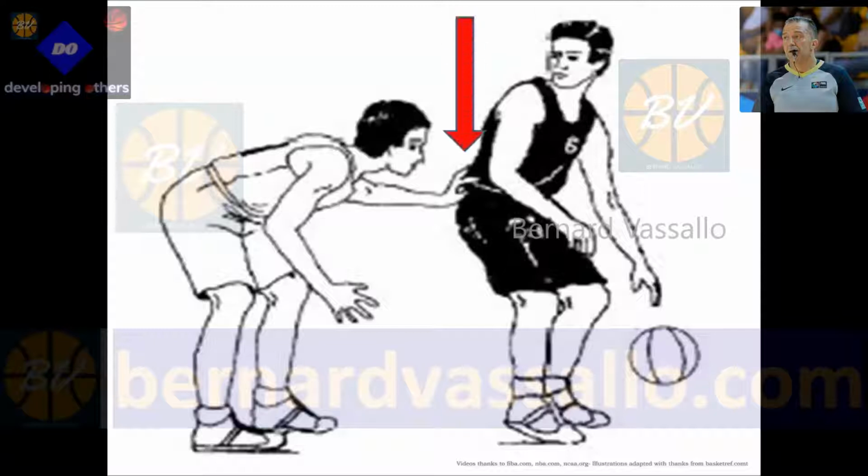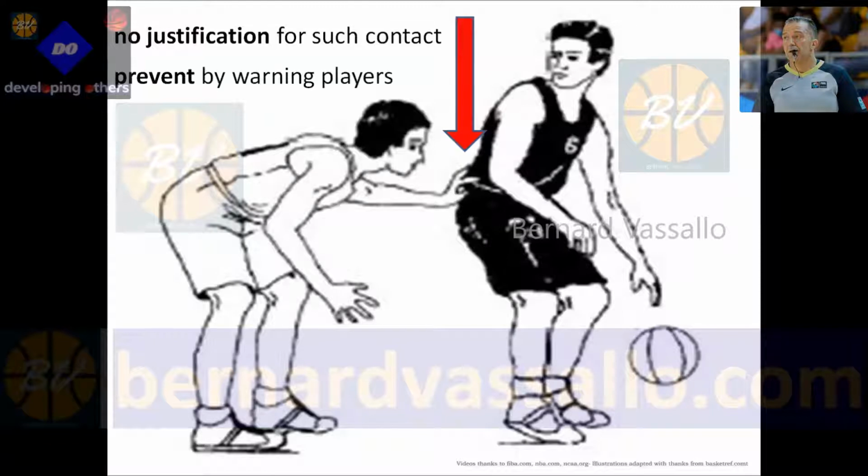In a sense, for this touching of your opponent, there is no justification, and one has to be careful to try and avoid having this being done repeatedly on the court, and referees should immediately try to prevent this touching of opponents by warning players to get their hands off their opponents.